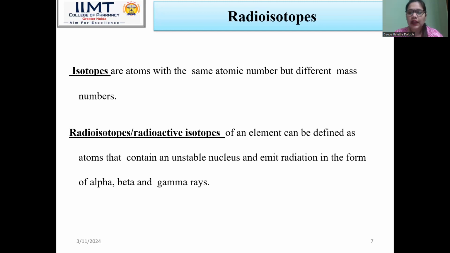Next is, what are isotopes, and what are radioisotopes or radioactive isotopes. First is isotopes. Isotopes are atoms having the same atomic number but different mass numbers. Radioisotopes of an element can be defined as atoms that contain an unstable nucleus and emit radiation in the form of alpha, beta, and gamma rays.